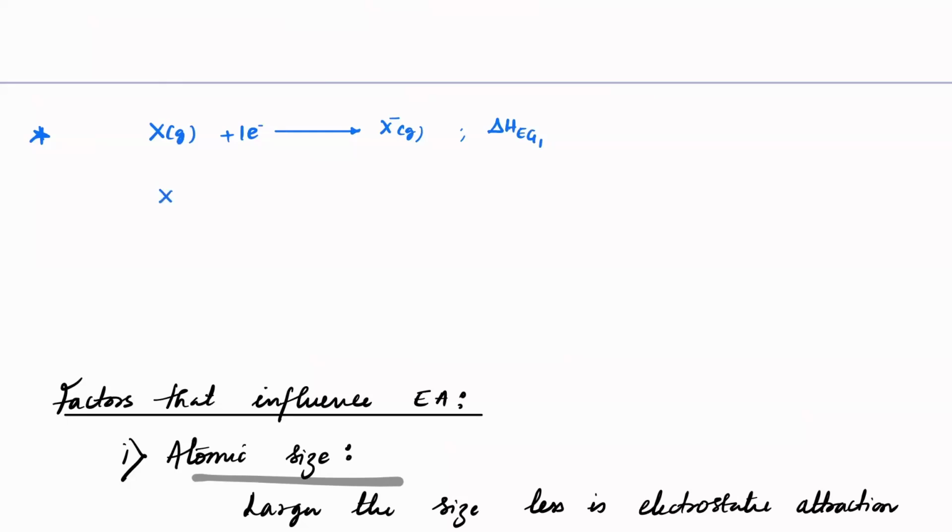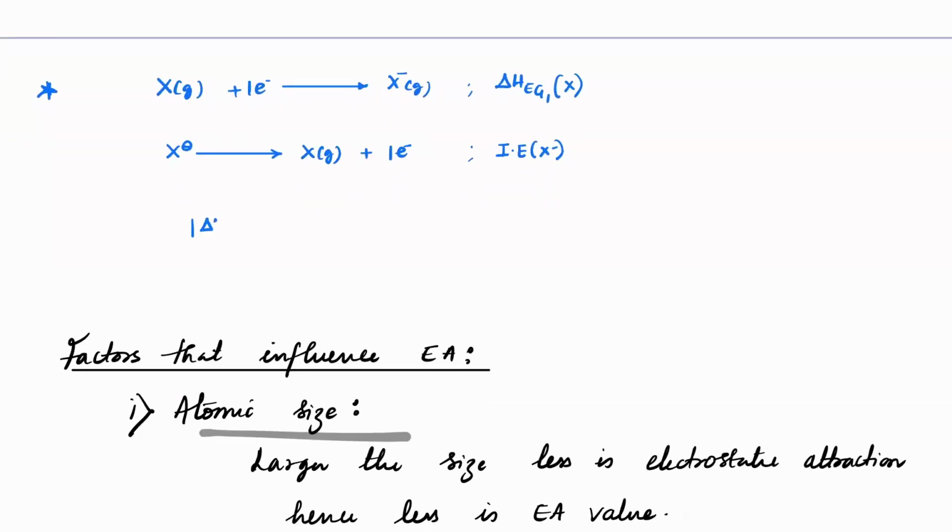And if you talk about X minus trying to release the electron and converting back, then we call this the ionization energy of X minus. This is the electron gain enthalpy of X. These two reactions are just the reverse of each other, so by magnitude these two values are the same.